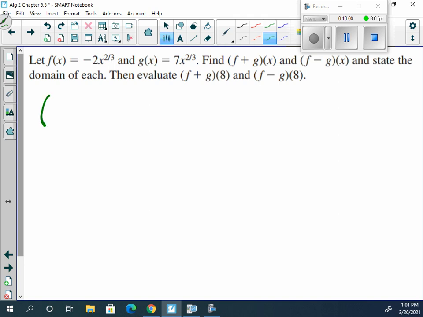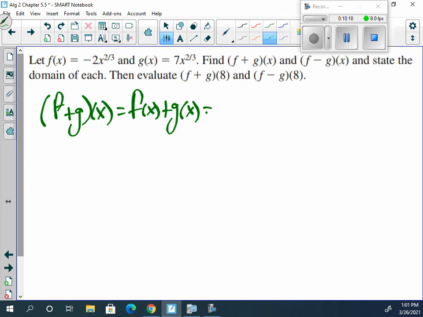So let's find f plus g of x first. Well, f of x in our case is negative 2x to the 2/3 plus g of x is 7x to the 2/3. So we're adding these together.